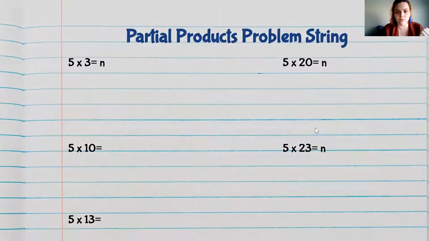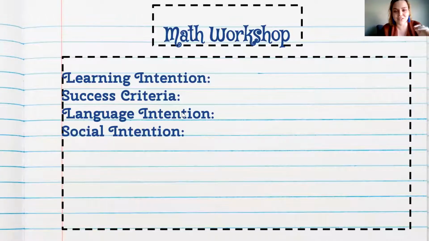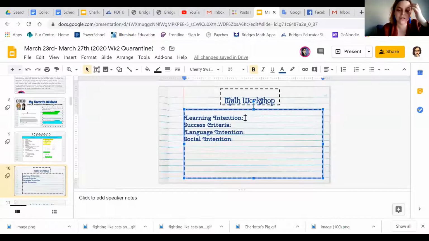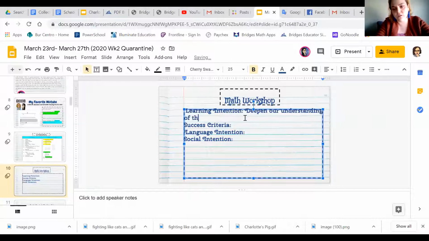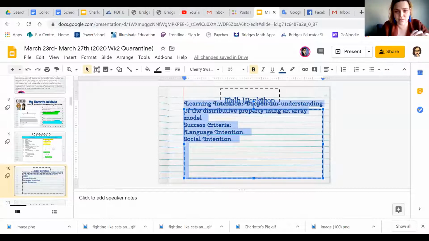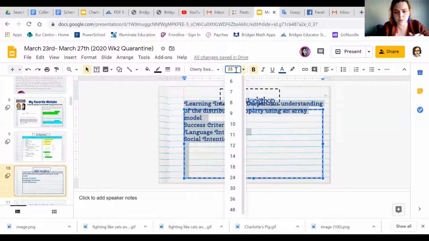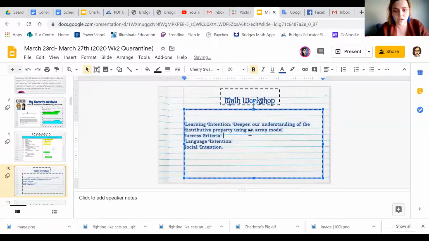I meant to write our learning intentions for today and I didn't. But our learning intention today is that we're going to deepen our understanding of the distributive property using an array model, which in 4th grade, guys, since I was helping the 4th grade teachers, we call the area model, and it's going to be your best friend in 4th grade.